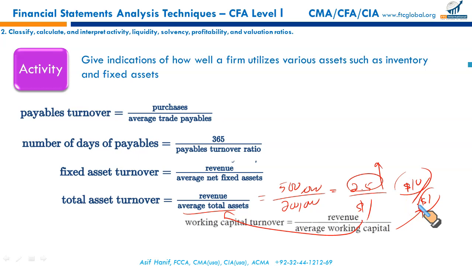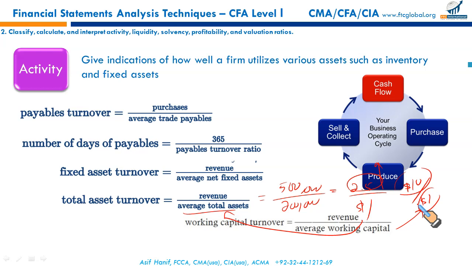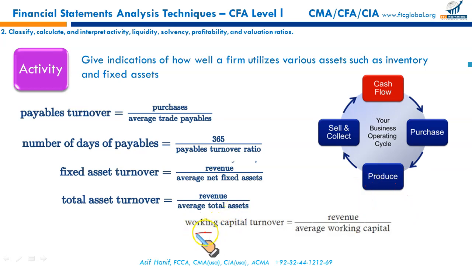All right, next ratio is working capital turnover. Working capital turnover is similar to these. It's revenue upon average working capital. So revenue upon fixed assets, revenue upon total assets, or revenue based on working capital as well.